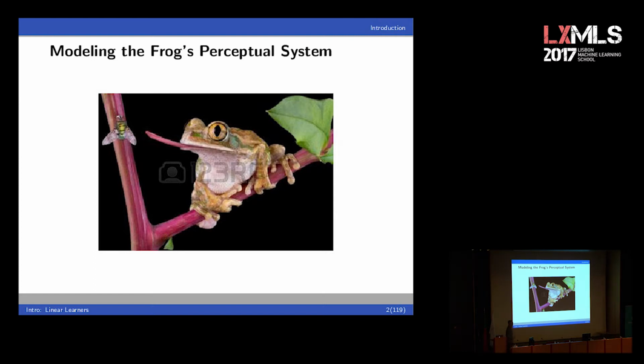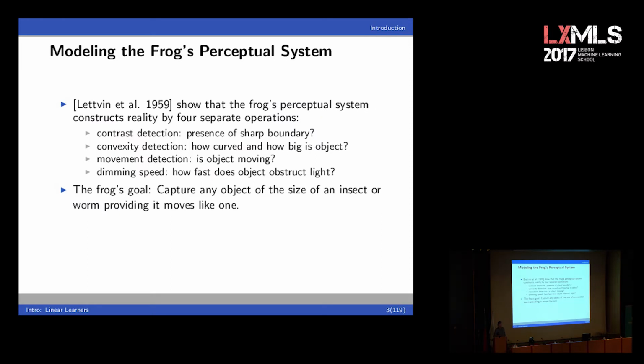I want to start out with a model of the frog's perceptual system. We can build a simple model of the frog's view of the world. There has been a paper in the 50s or 60s that showed that the frog constructs his or her world by using 4 different detectors.